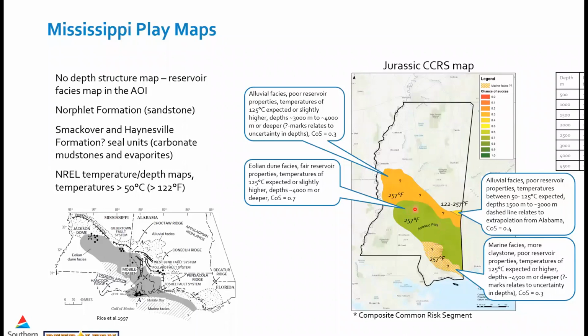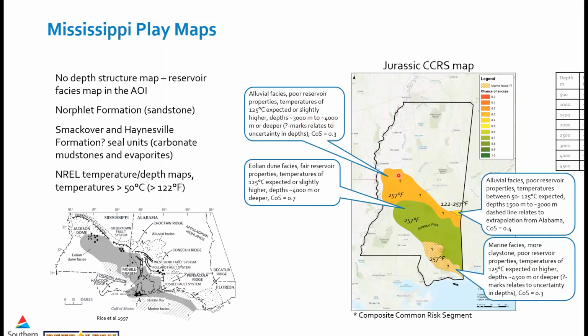If we go up north from that, we are entering into a different depositional environment, covering alluvial facies, with poor reservoir properties because they are not so mature and well sorted sediments. The temperatures are still good, and the depths are now 3,000 meters to approximately 4,000 meters, maybe deeper.